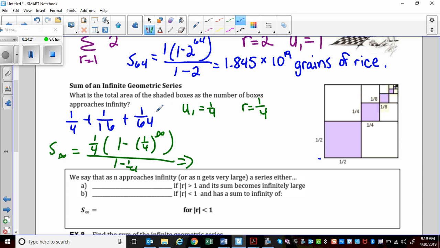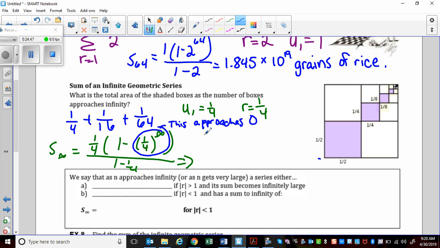Alrighty. So as we have 1 over 4 to the infinity, this approaches 0. If the denominator is bigger than the numerator, then it's going to approach 0. So I'm going to make a little note: this approaches 0, just this term right here.